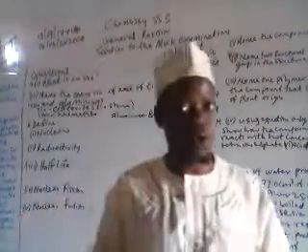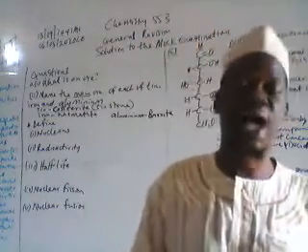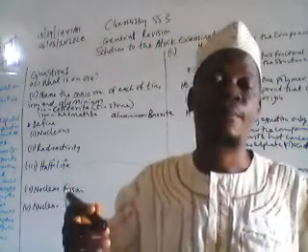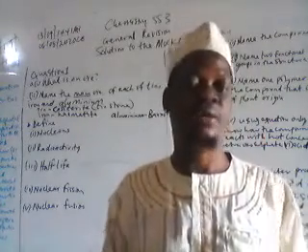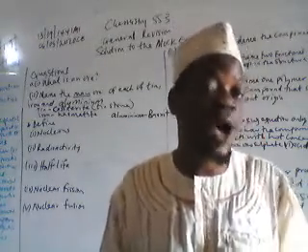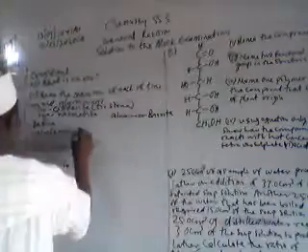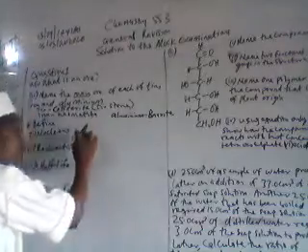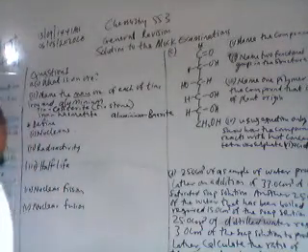If you state that, you are correct. You can as well define nucleons as protons and neutrons that are present in the nucleus of an atom. In that case, you are being more specific. So the protons and neutrons found in the nucleus of an atom are called nucleons.